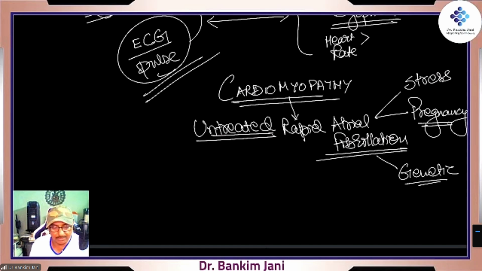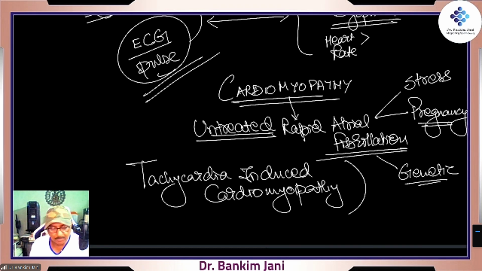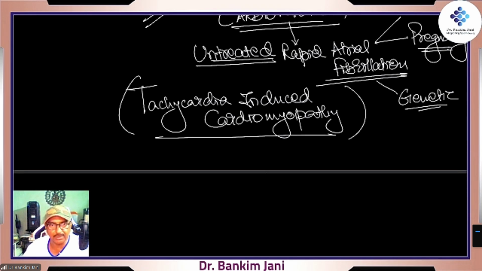And this is what is called tachycardia. Because the heart rate increased, it is tachycardia-induced cardiomyopathy. When the female is young, when she is pregnant, in her 20s or 30s, her heart is in good condition, but it has sustained that damage.